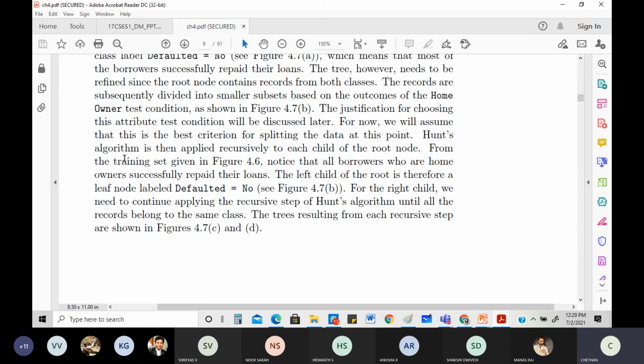In Hunt's algorithm, from the training set data, you can see very clearly that all borrowers who are homeowners successfully repaid their loans. The left child of the root is therefore a leaf node labeled defaulted equals no. But for the right child, we need to keep applying the recursive steps of Hunt's algorithm until all records belong to the same class.